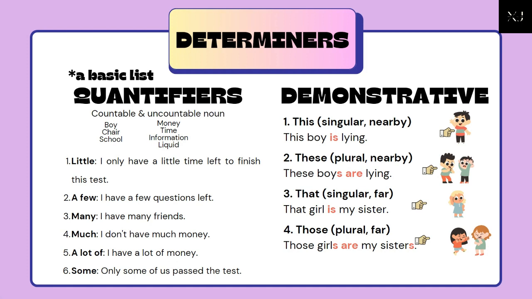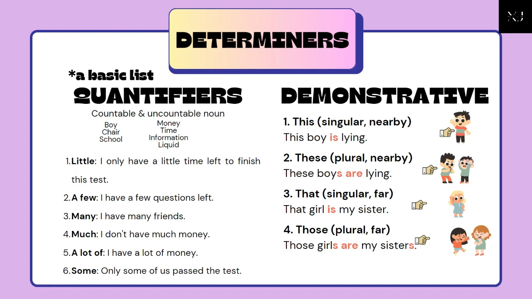So here's the basic list of quantifiers. If you want to know quantifiers, you must first of all know countable and uncountable nouns. Countable nouns are things you can count, like boy, chair, school. You can count a boy, 5 boys, 100 boys. Uncountable nouns are things that you cannot count.